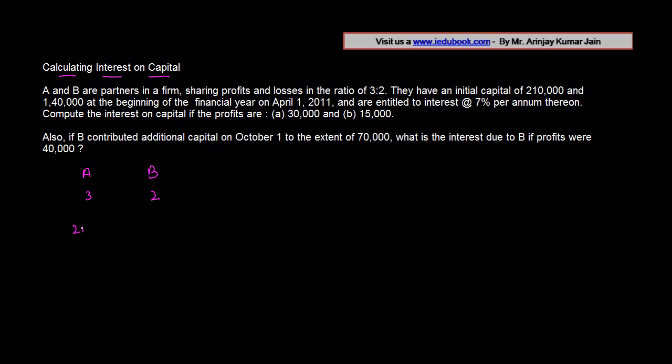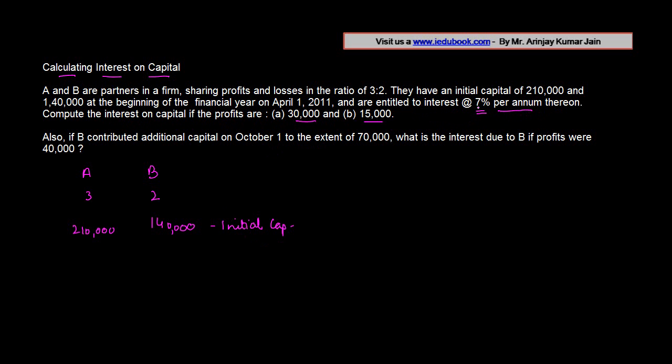So this is the initial capital, and they are entitled to interest at 7% per annum thereon. Compute the interest on capital if the profits are 30,000 and 15,000.